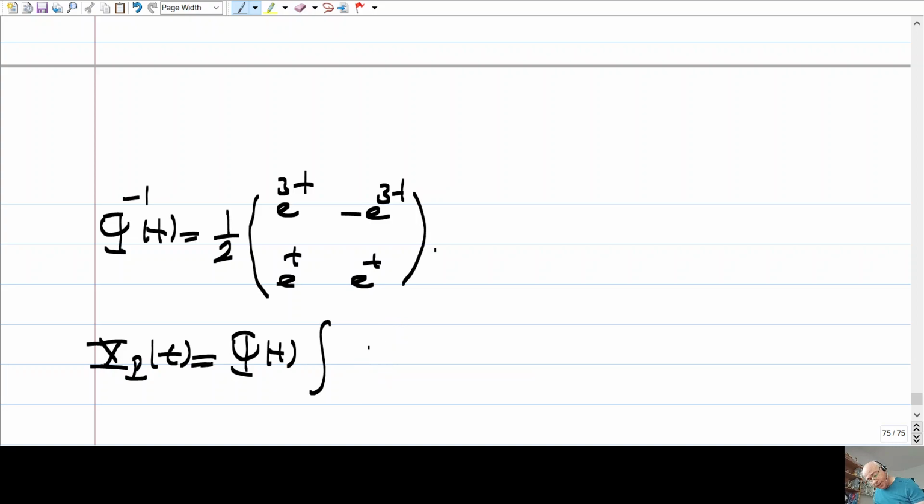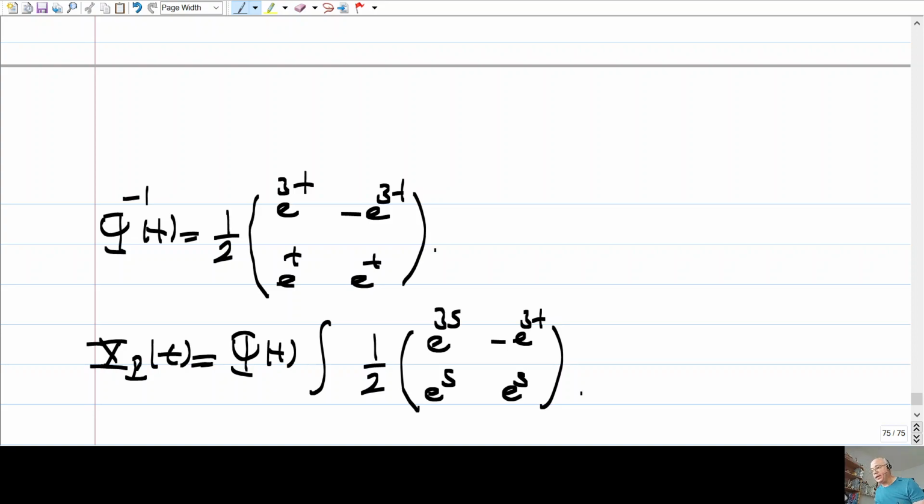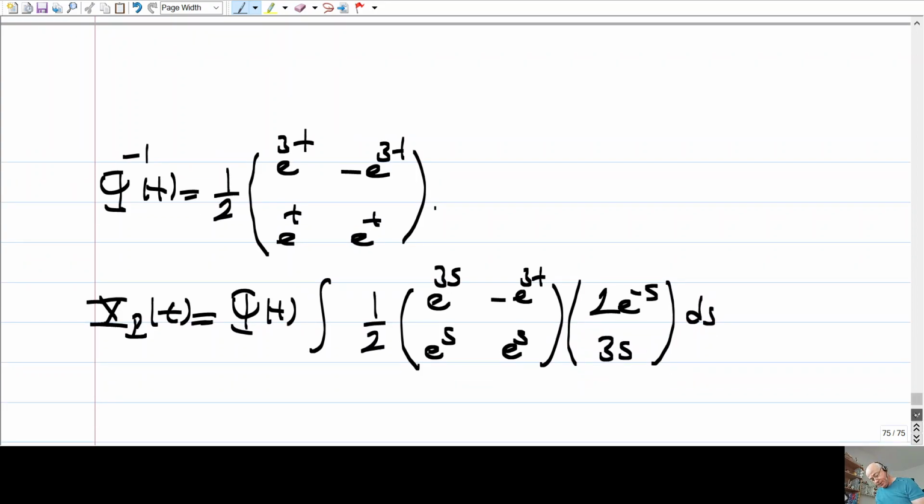So with s, I have 1 over 2 times e to the power 3s, e to the power s, minus e to the power 3s, e to the power s, times g(s). G was 2 times e to the power minus t, so I write s here, and then I had 3t, so 3s, and then we have ds.